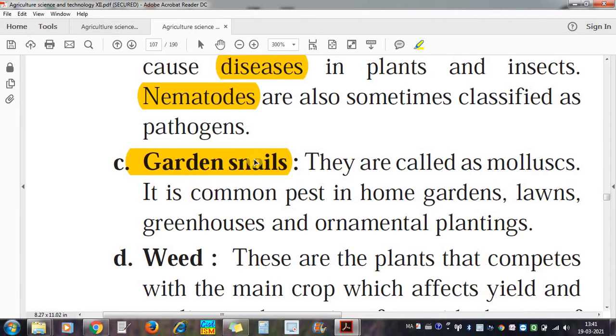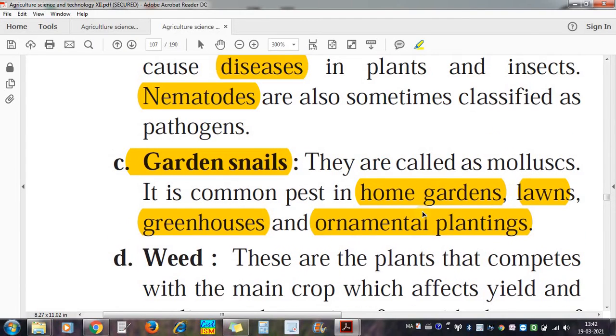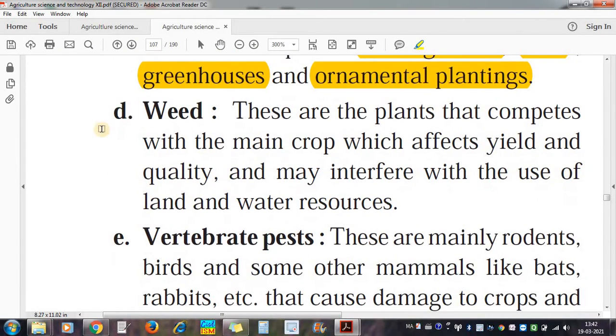Garden snails, to look at, snails are beautiful, but they cause very heavy damage, particularly in home gardens, lawns, and greenhouses. They also cause damage in ornamental plantings. Then come to weeds. We have studied that a weed is an unwanted plant not sown by the farmer, which causes economic damage to the main crop.